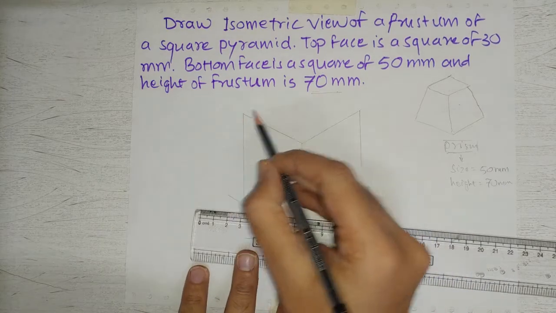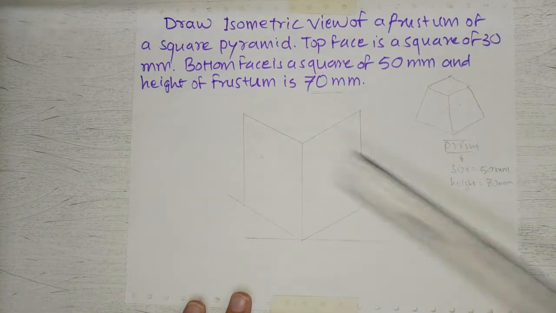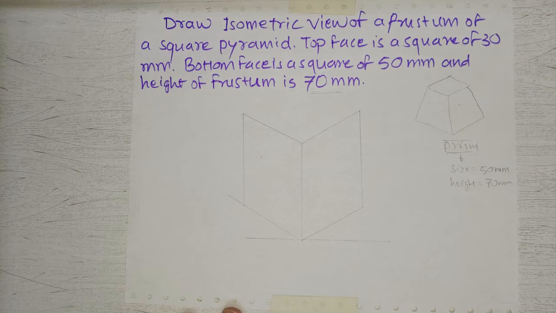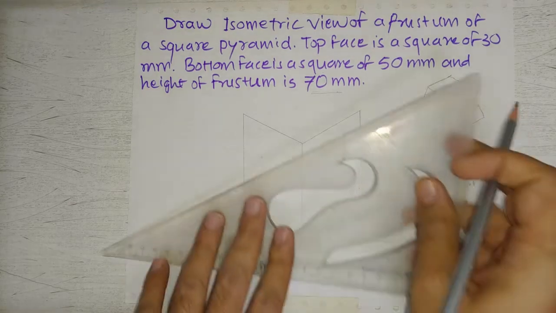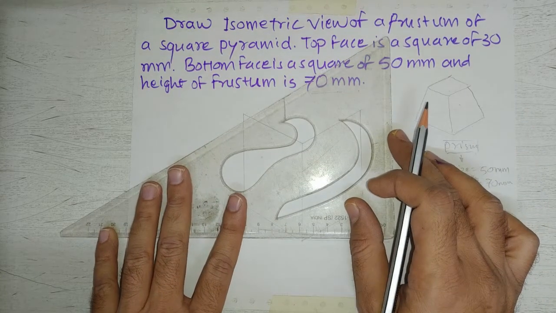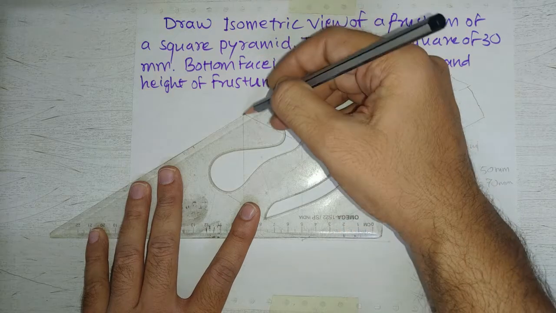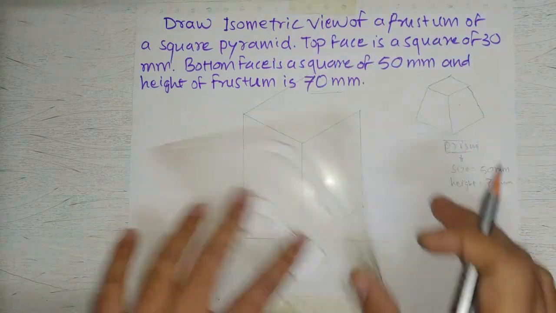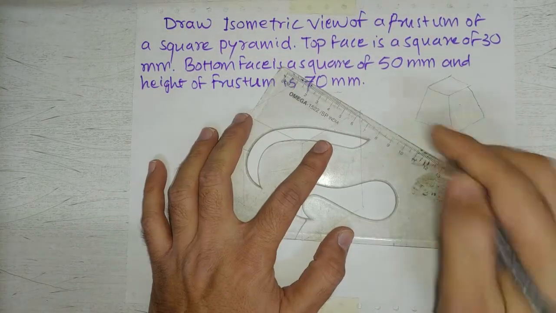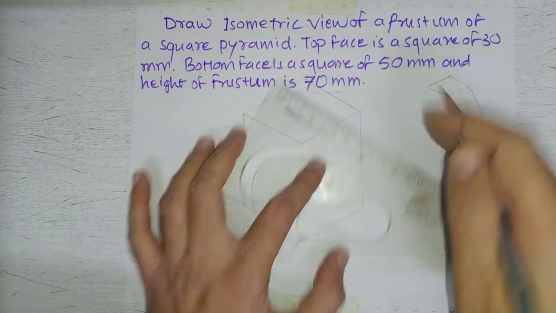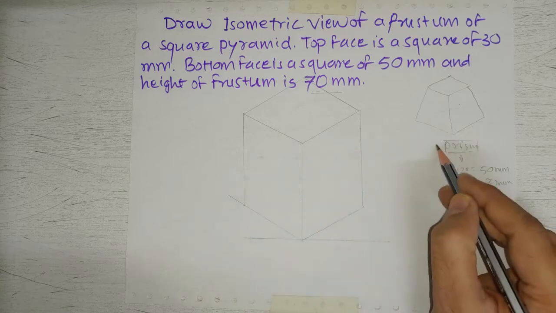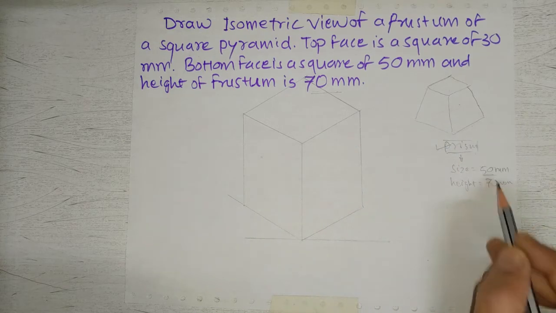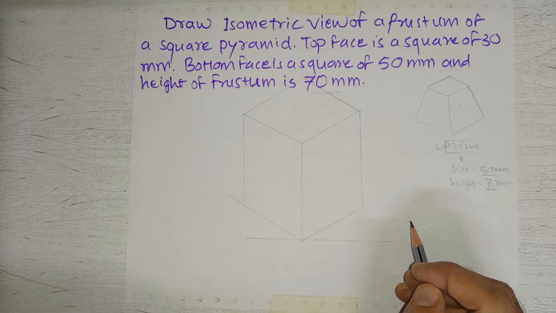Now from this point we will draw 30-degree lines. So I will again use the 30-60 degree set square. So I am putting this set square over here, which will give me a 30-degree line, and from this point also I will draw a 30-degree line with this orientation. So this completes the prism of 50 mm size and 70 mm height.